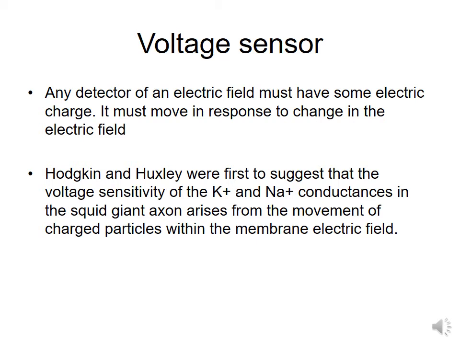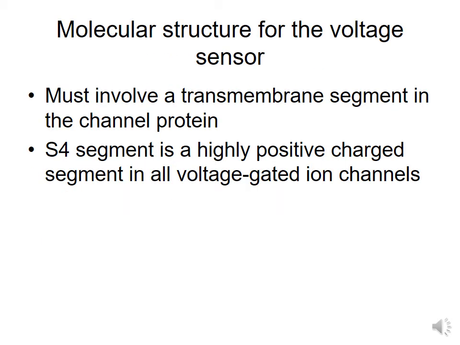Hodgkin and Huxley actually were the first to suggest the existence of these charged residues on these channels that could account for the ability of this channel to sense changes in transmembrane voltage. With the molecular cloning, then people started to look for charged residues in the transmembrane domains of these channels that would account for this voltage sensitivity.